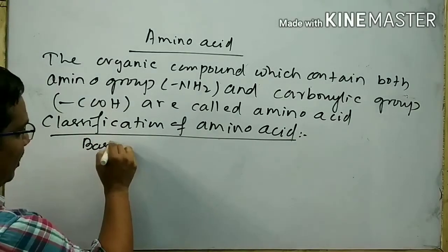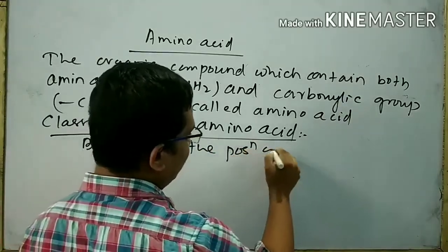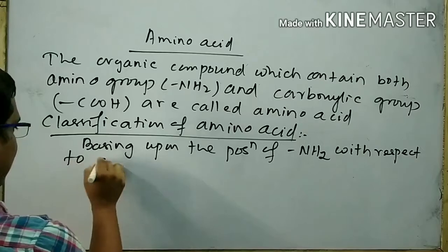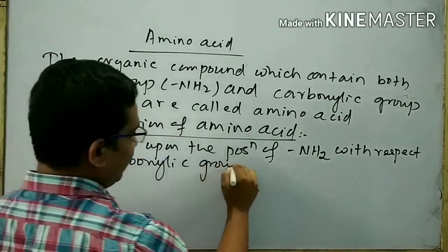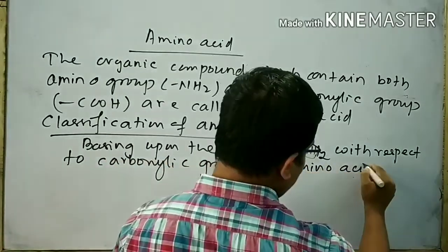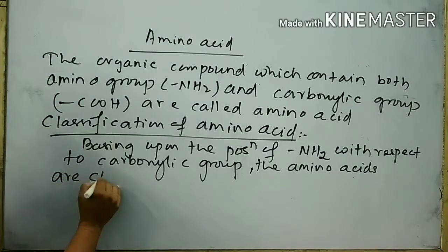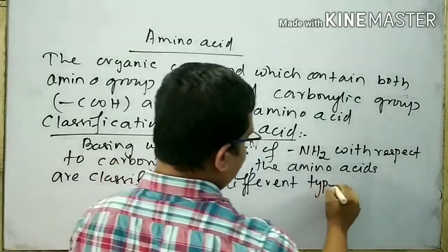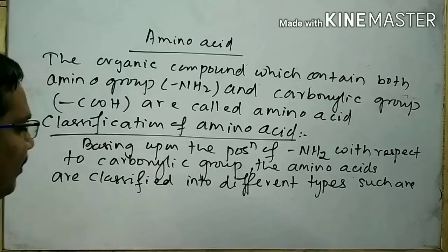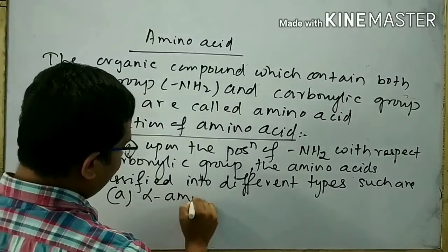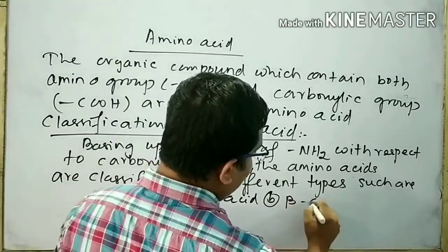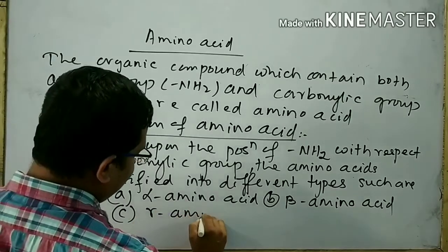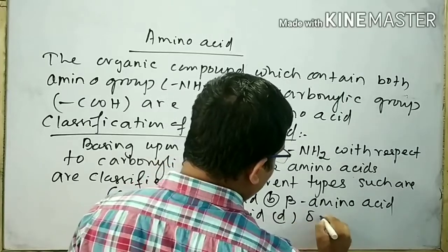Basing upon the position of the amino group, that is NH2, with respect to the carboxylic group, the amino acids are classified into different types, such as number one, alpha amino acid; number two, beta amino acid; number three, gamma amino acid; number four, delta amino acid.